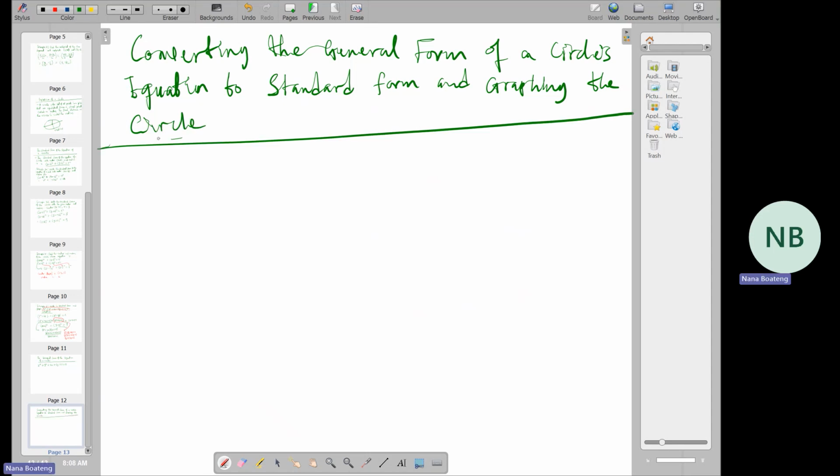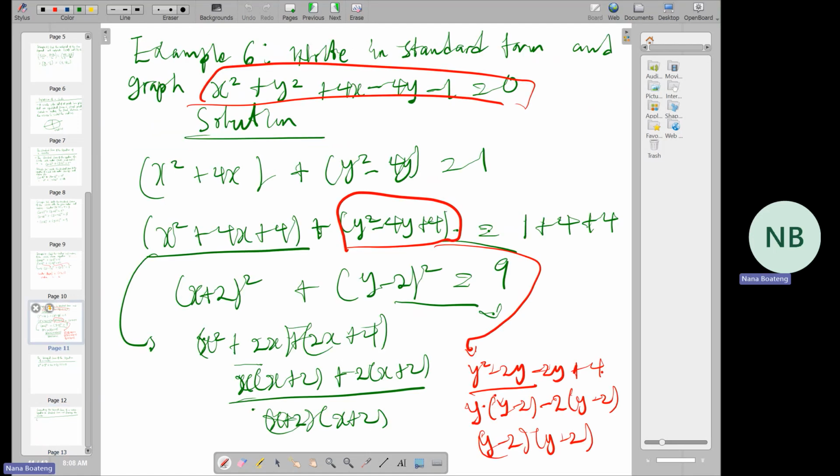All right, so this will be our example 7.